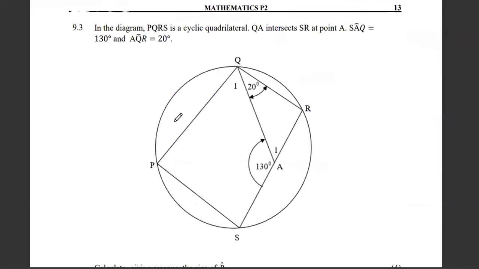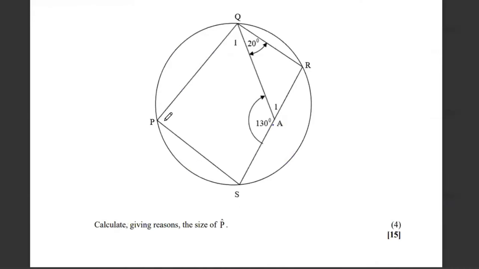The diagram, we have still a cyclic quad with all of those values. We have a 130, we have a 20, and then they ask us to determine the size of P, this angle here. Okay, what do we see? So step number one, if I look at this triangle here, I see this 130 as an exterior angle of a triangle, which means I can get R. So come down and say that your R is going to be 130 minus 20.